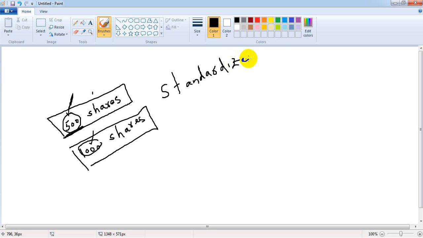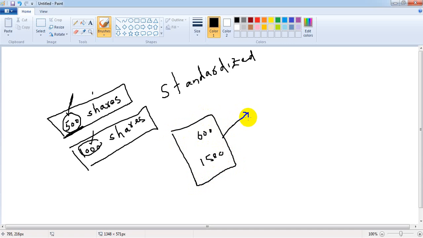Non-standardized means that this contract will be for any number, for 500, for 600, for 700, for 1500, whatever you want. The contract will be of any number of shares or any number of currency. It depends on the agreement between the two parties, on which they agreed.